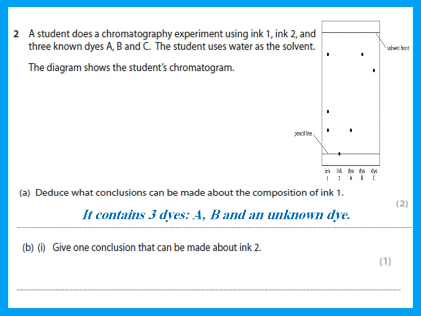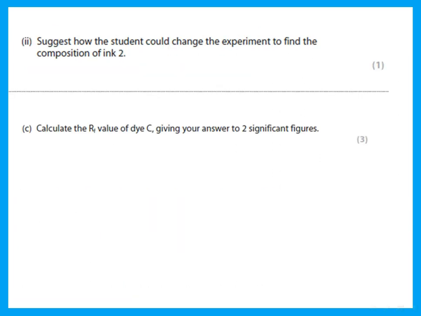Give one conclusion that can be made about ink 2. Where is ink 2? Okay, ink 2 is a spot that remained on the baseline, and if the spot remains on the baseline, that means it is insoluble in water. That means it did not dissolve. Remember that chromatography separates substances based on their solubility in the solvent.